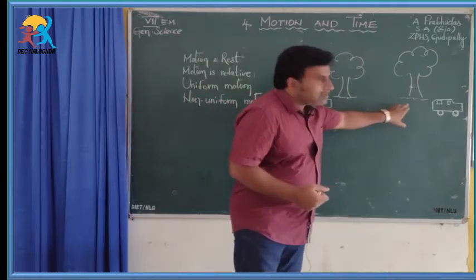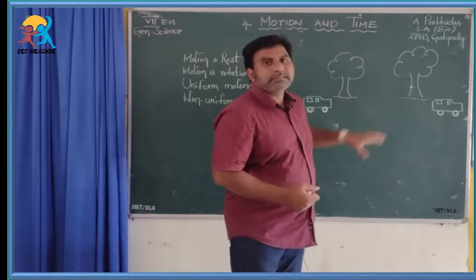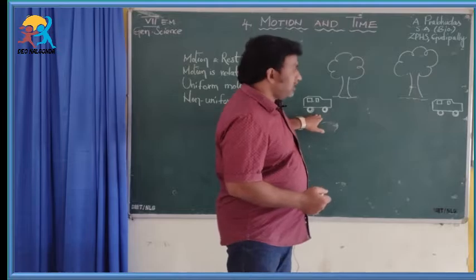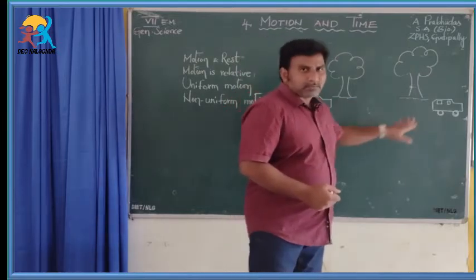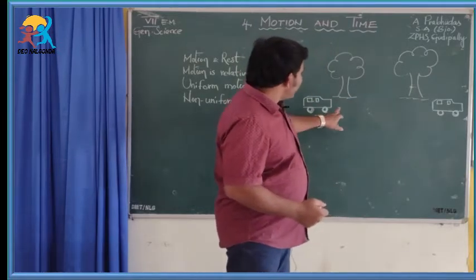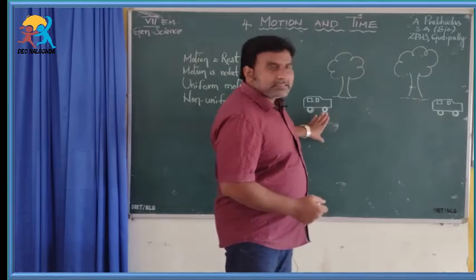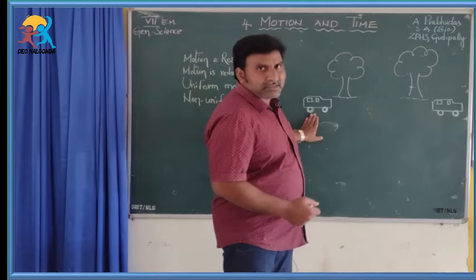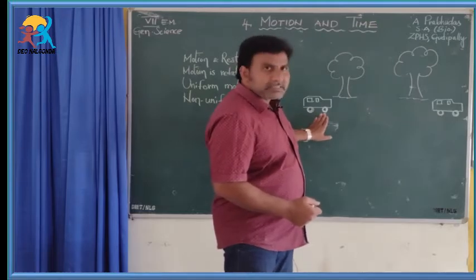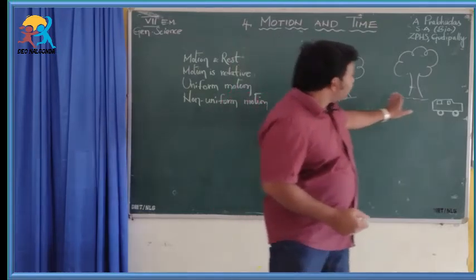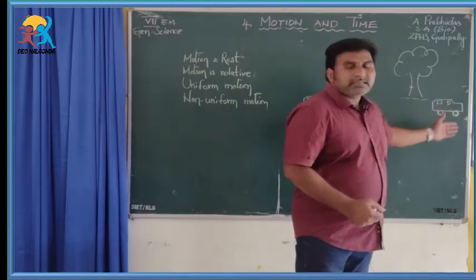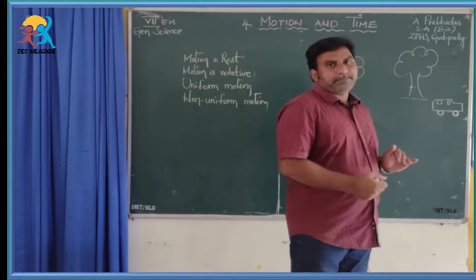Children, carefully look at these two diagrams. There is a tree and a car in both the diagrams. In the first diagram, the car is to the left of the tree, and in the second diagram, the car is to the right side of the tree.